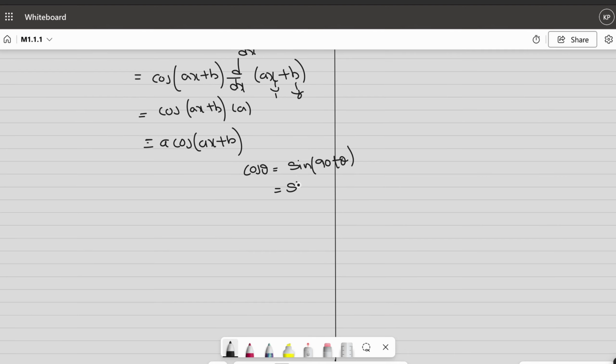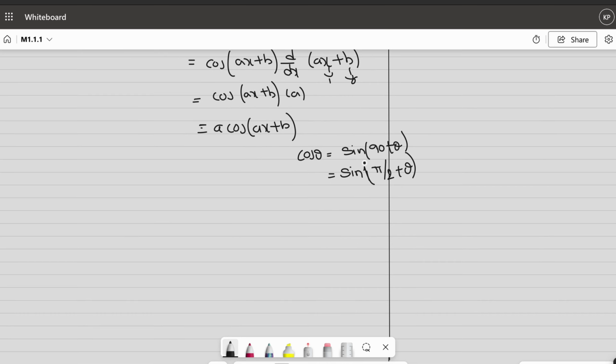It also can be written as sine of pi by 2 plus theta. With the help of this formula, if we convert this, we will get a into sine of pi by 2 plus ax plus b, by considering this ax plus b as theta.